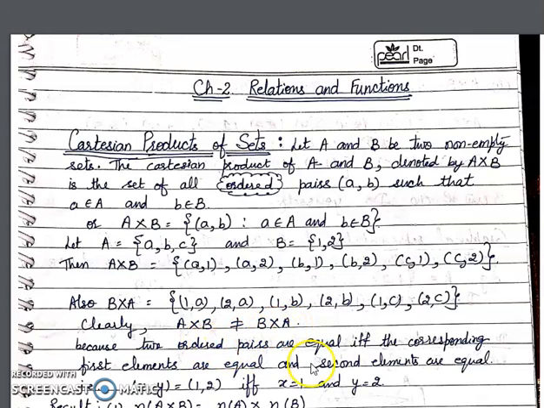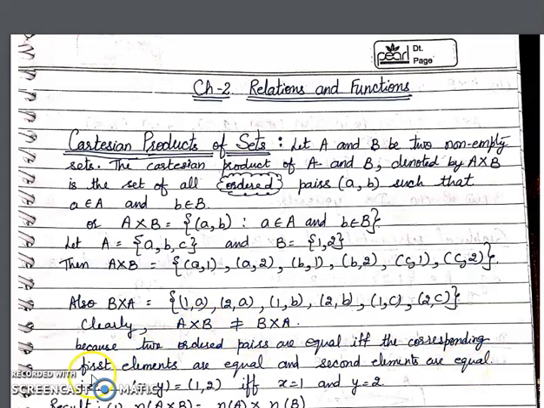Because two ordered pairs are equal if and only if the corresponding first elements are equal and second elements are also equal. Clear?